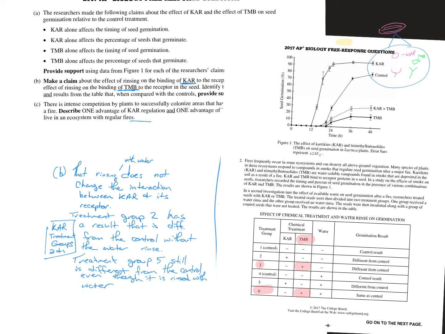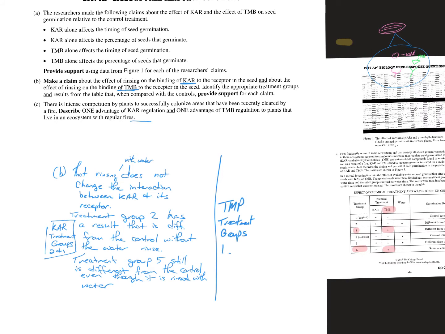So I would write the whole thing again, but this time it's not 1 and 6, it's groups 3 and 6. So this is TMB treatment groups 3 and 6, right?